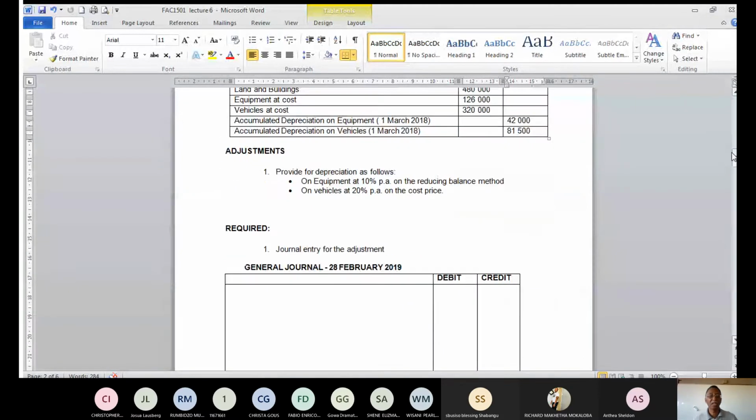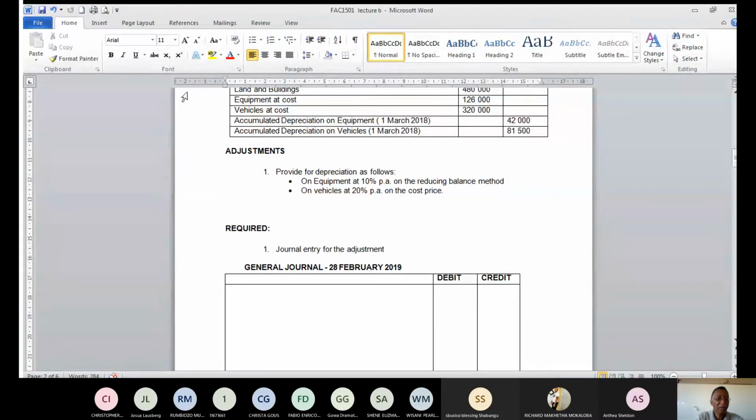Now we have got an adjustment, additional information. The adjustment tells us that we must make provision for depreciation. And the depreciation on equipment is 10% per annum on the reducing balance method and on vehicles at 20% on the cost price.